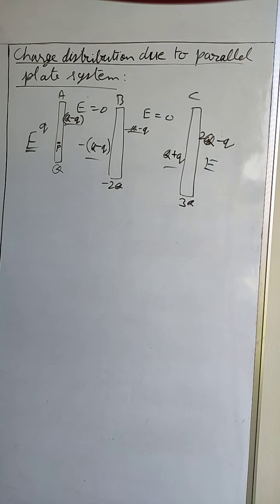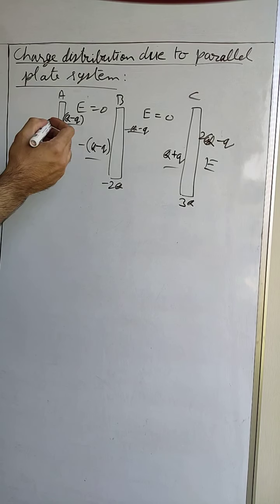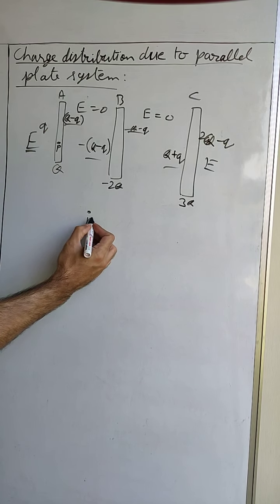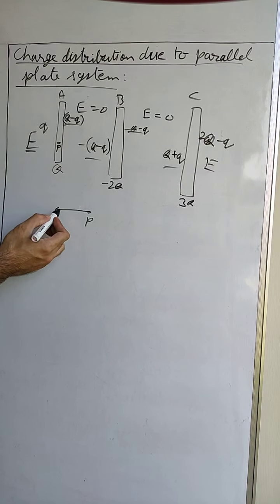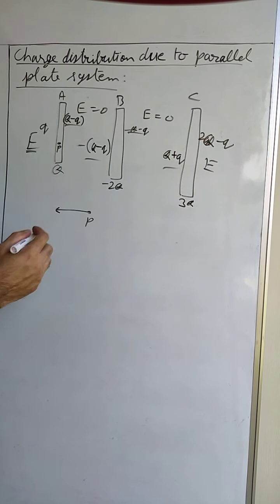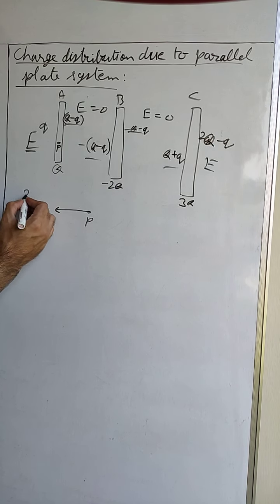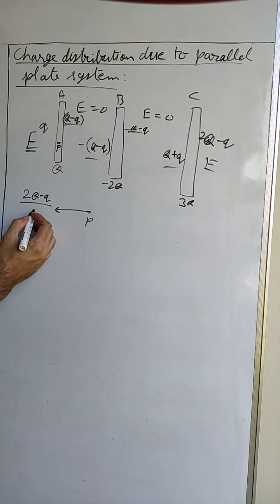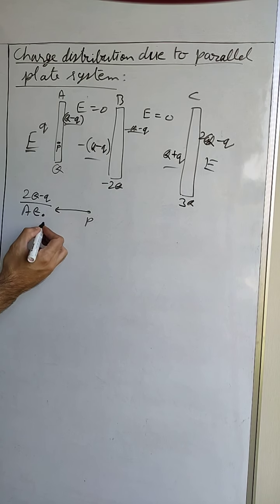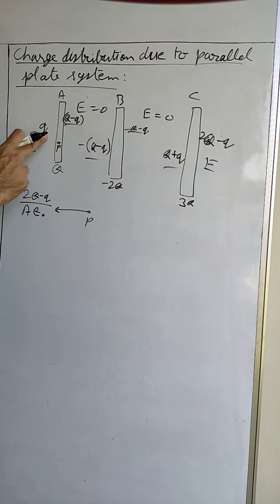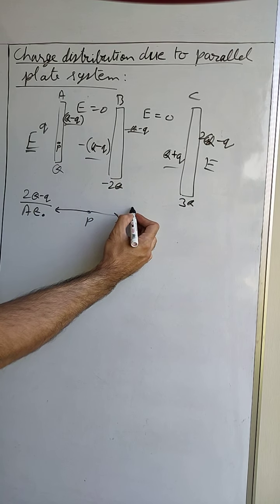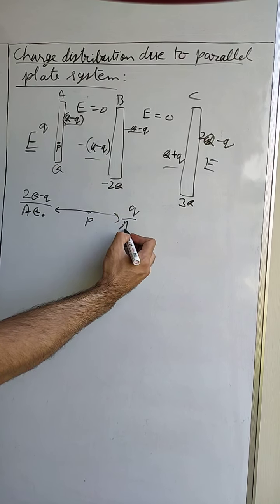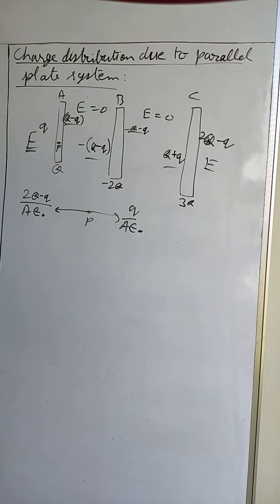If we take this point P separately, the electric field due to this charge will be in this direction, so we can write that the electric field here will be 2Q minus q upon A epsilon naught, and due to the charge on this surface, the electric field will be in this direction, equal to q upon A epsilon naught.